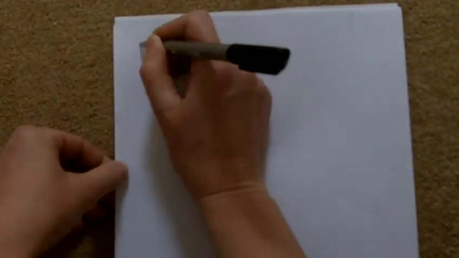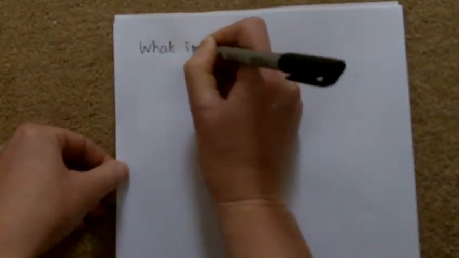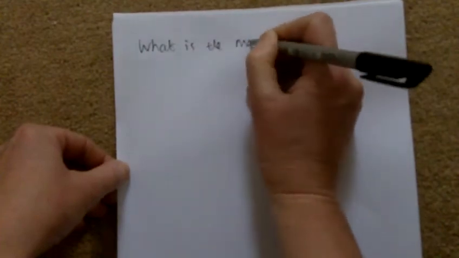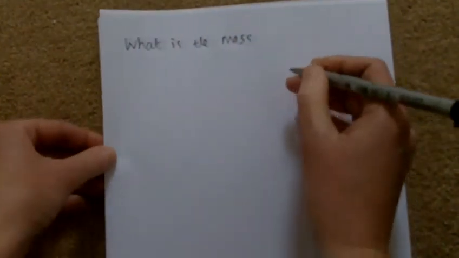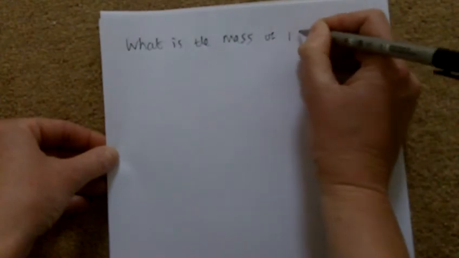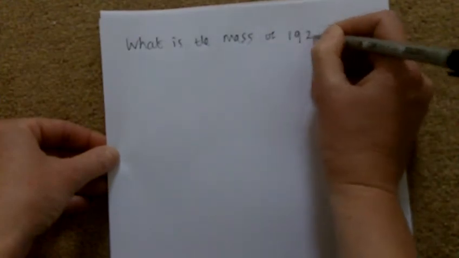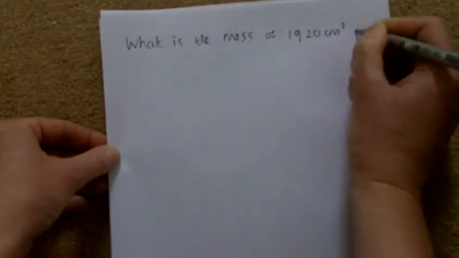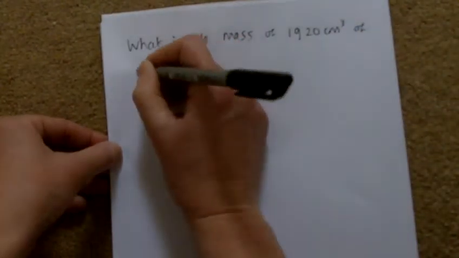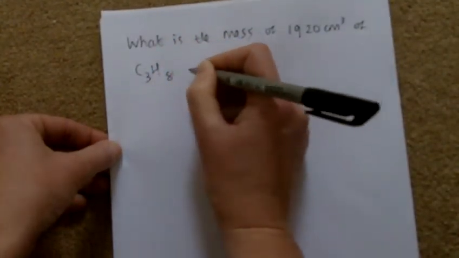Question: what is the mass of 1,920 centimeters cubed of this gas here, C3H8?